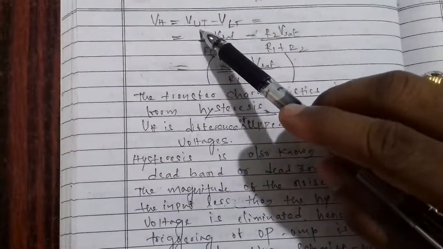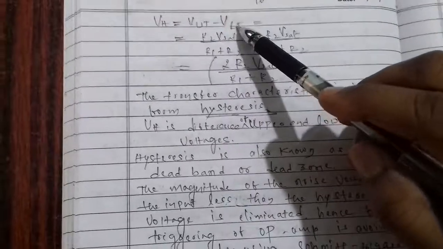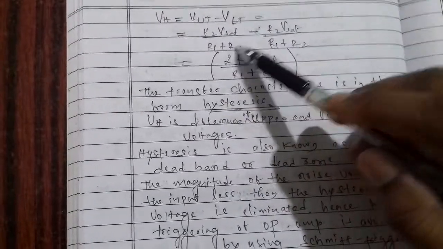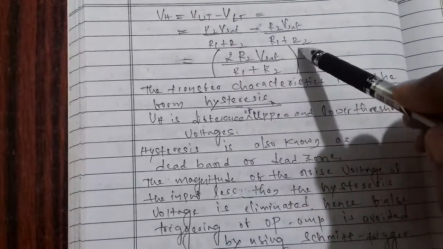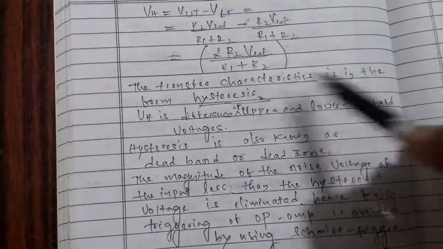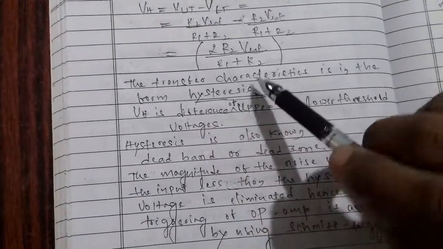Hysteresis voltage is equal to upper threshold voltage minus lower threshold voltage, which is R2 upon R1 plus R2 into 2 V saturation. The transfer characteristics is in the form of hysteresis.